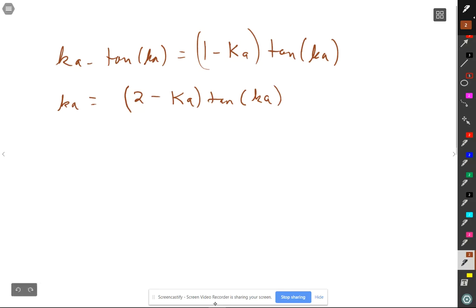And I'm trying to think of what I did in my solution. Yeah, my solution has a little bit of an error if I did this right both times, which I think I did.